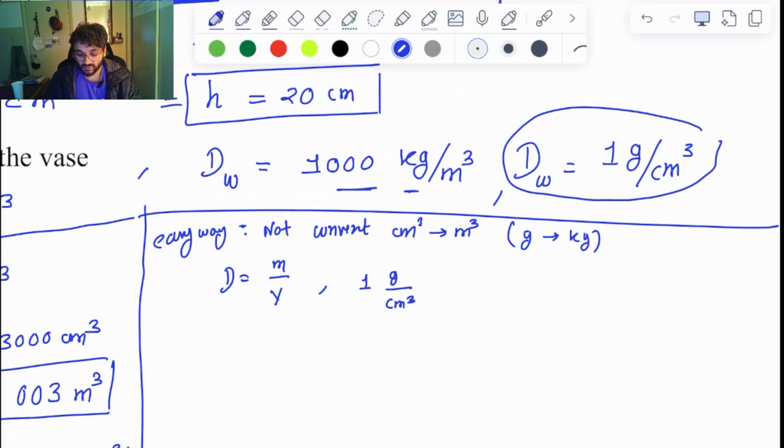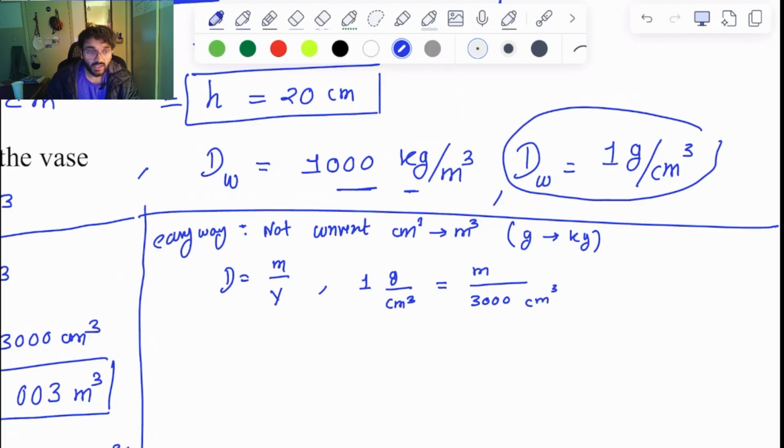So I'm just going to use this density. The volume is already given in centimeter cube, so I can use this formula of density, which is also in terms of centimeter cube, right? So that will be equal to mass, which we need to find, divided by volume, which is 3000 centimeter cube.